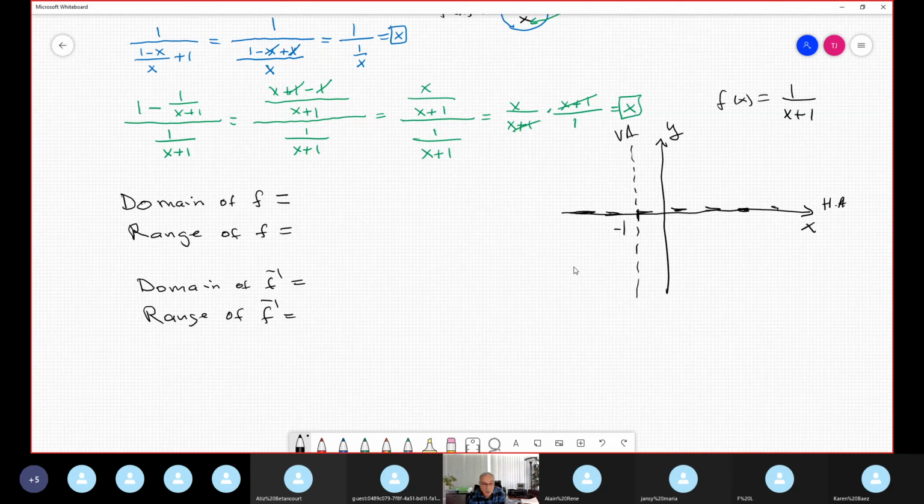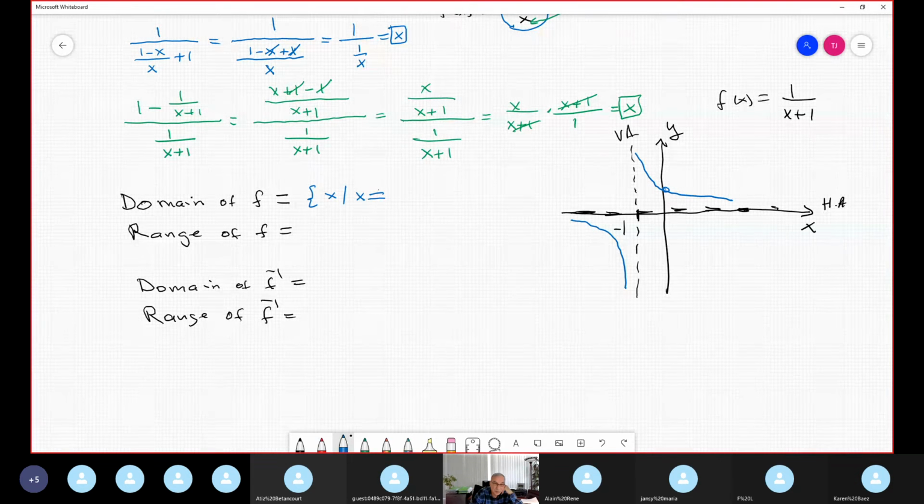Our graph looks like that. Remember the famous point 1 here, passing through this and this. So it's obvious that the domain for that function, the blue function, is all real numbers except -1. So the -1 is the bad guy. Okay, suppose I want to write in this notation, in my opinion, super easy. X such that x is not -1.